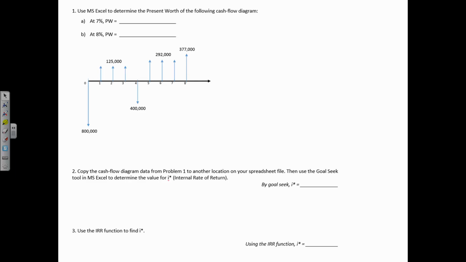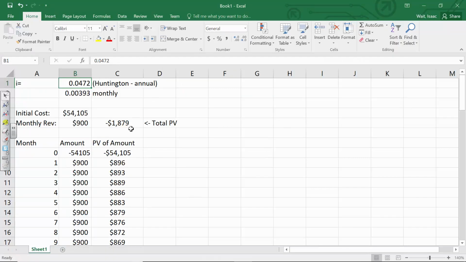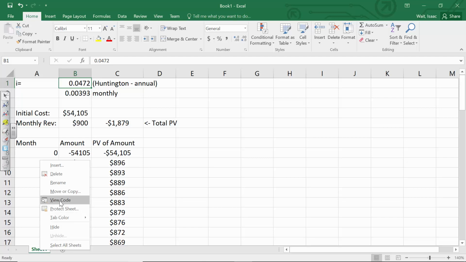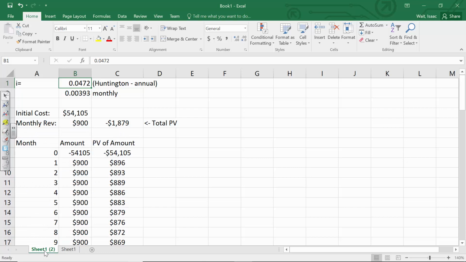In case you don't know how to do that, look here in Excel. If you've got some calculations like this and you want to keep it so you don't have to mess everything up, you just right-click down here where it says Sheet 1, right-click, move or copy, create a copy. So I could say this is the original, and then here's part 2.